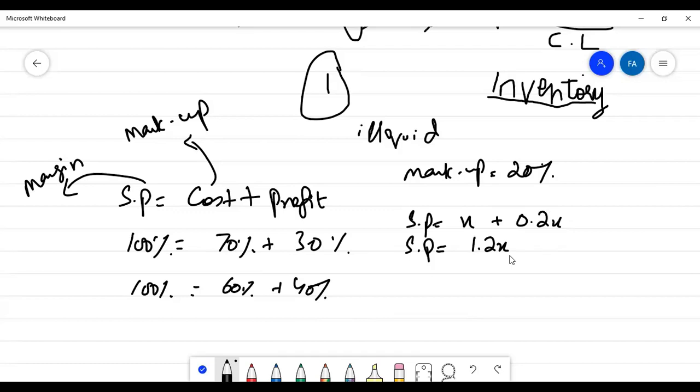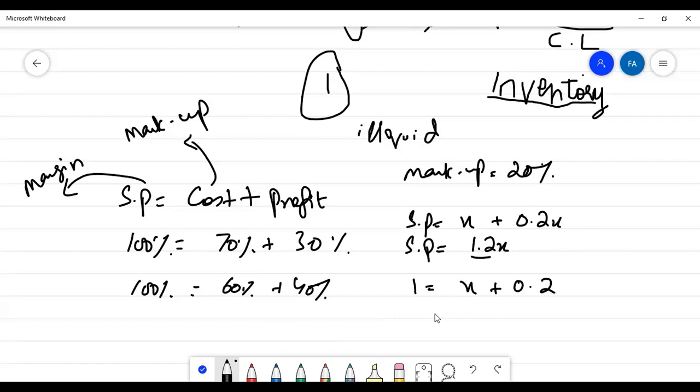And if your selling price is 1.2x, so your selling price would be 1. 1 is equal to x plus 0.2, because it should be total of 1. You agree with this?